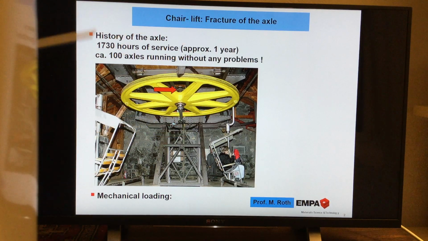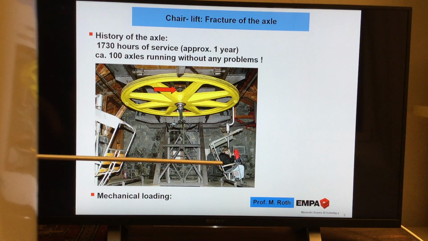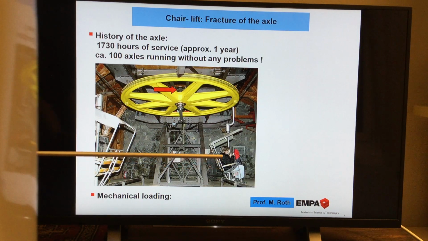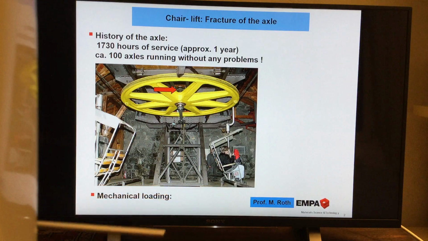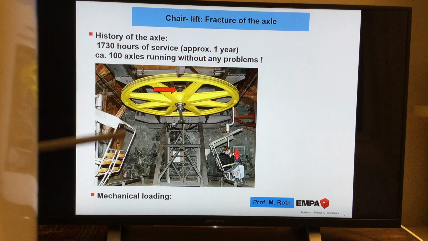This axle is continuously running, and what we already know, there is of course a changing load. Sometimes there are more people, sometimes there are less people, and then also when this chair is passing here, we do have a continuously rotating, changing load.